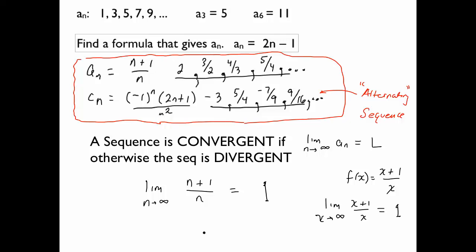Okay, what about the second one? 2n plus 1 over n squared. Convergent or divergent? What do you think? So this is n squared. Does it hone in on a particular value, or does it get infinitely large negative, or does it just bounce around and not get close to a particular value?